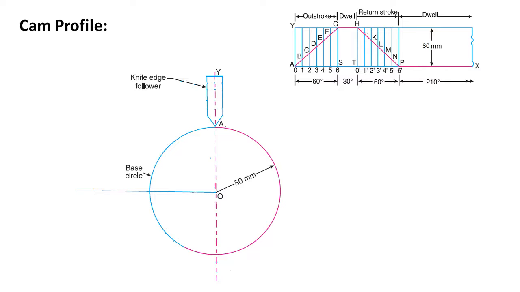So first in this cam profile, by taking this as center, I have drawn the base circle of the cam, which has a radius of 50 mm. So first you draw this circle having 50 mm radius, and for this problem our profile is coming something like this.